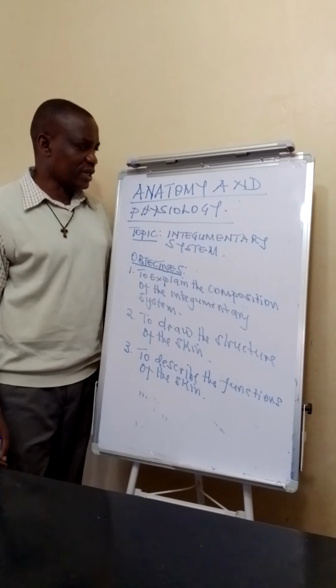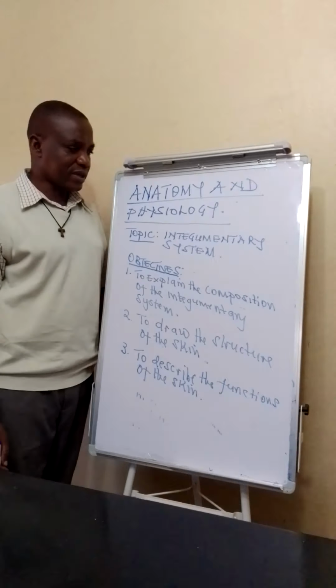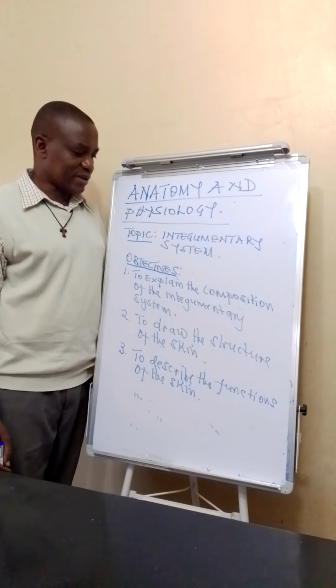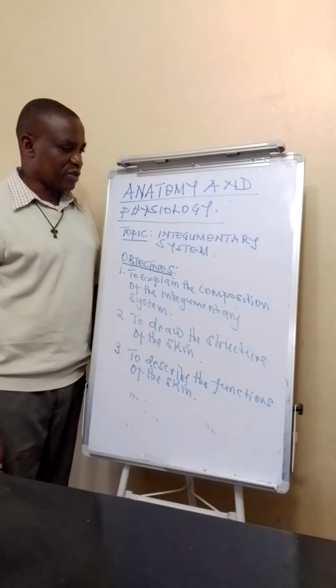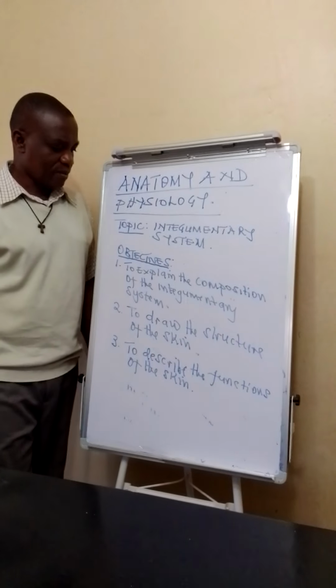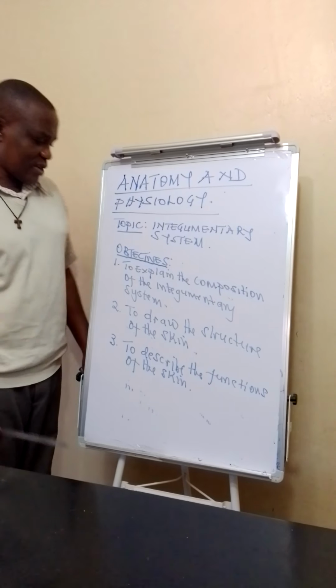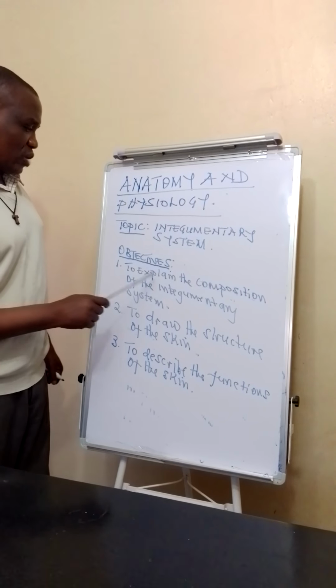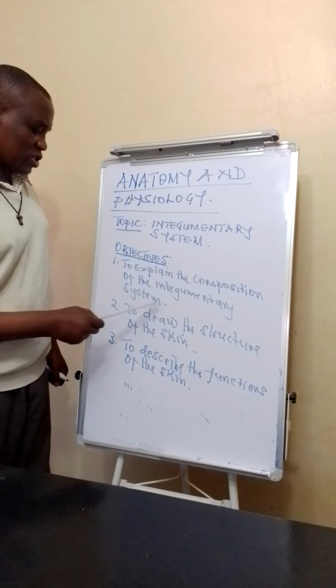We continue with our anatomy and physiology for environmental health and all those who are in the health sciences. And our topic today is the integumentary system. The objectives are as follows. Number one, to explain the composition of the integumentary system.